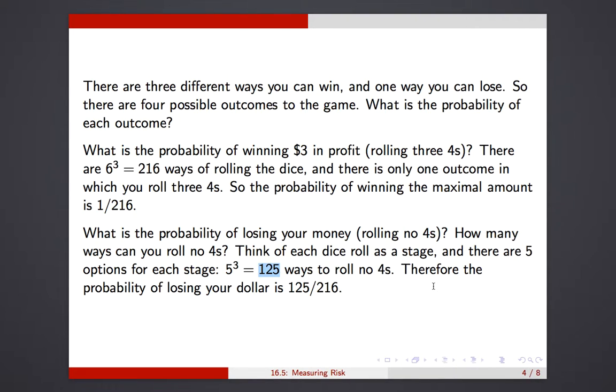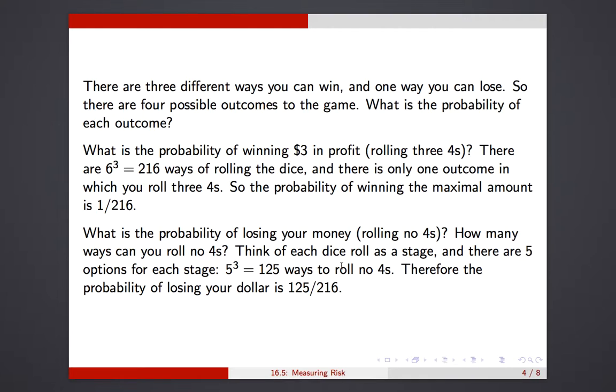So again, you could list all possible ways of rolling 3 dice and getting no fours. You would write 111, 112, 113, and then you would not write 114 because you're not supposed to get any fours. So you would skip that and write 115, 116, and then you would keep going. If you did that, you would have 125 things written.